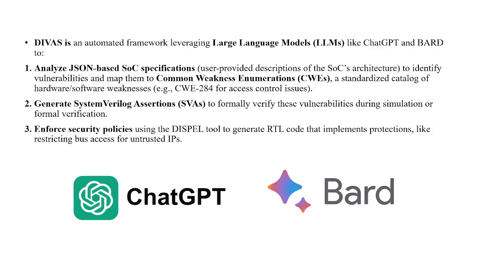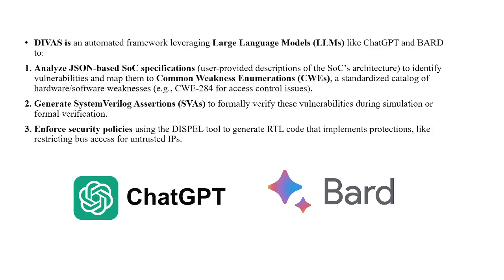Usually these CWEs are mapped so that in the later stages of the framework we can generate assertions and move on further with the stages. Next, the generation of SVAs comes into the picture. These assertions are used in simulations or formal tools to check if the SOC design is actually violating any of those security rules.